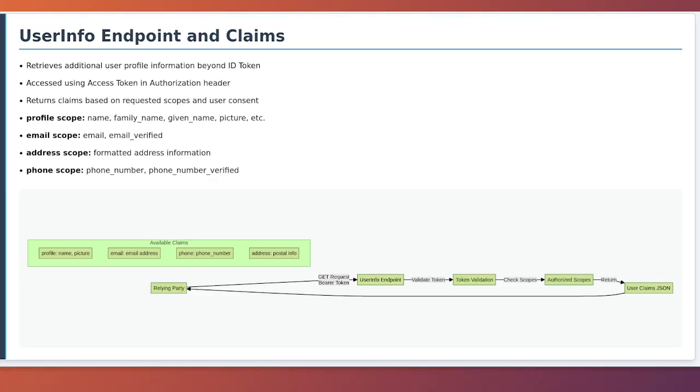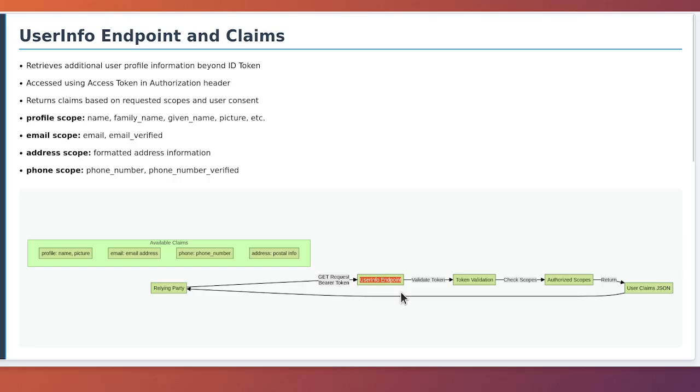The UserInfo endpoint is particularly useful when applications need more detailed user information than what fits comfortably in an ID token. While ID tokens should be kept relatively small for performance reasons, since they are transmitted frequently and need to be validated each time, the UserInfo endpoint can return extensive profile information without these constraints.